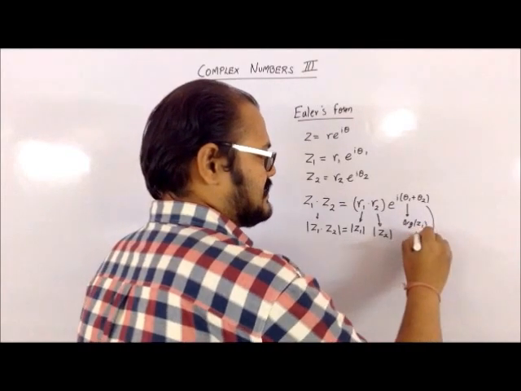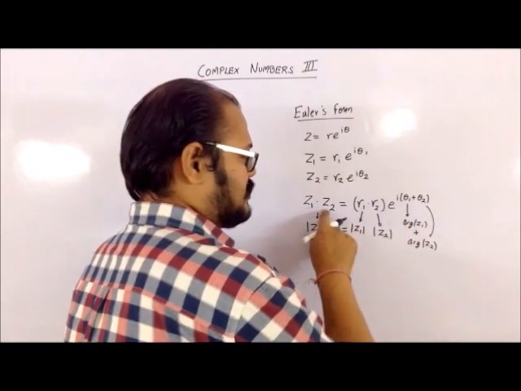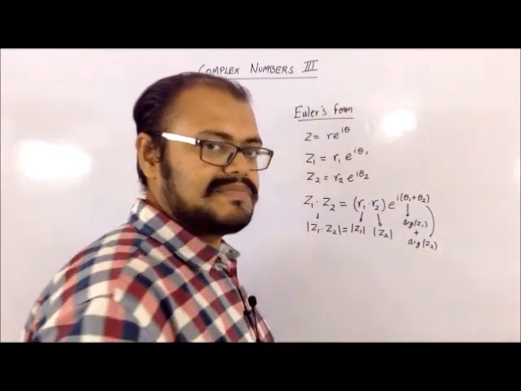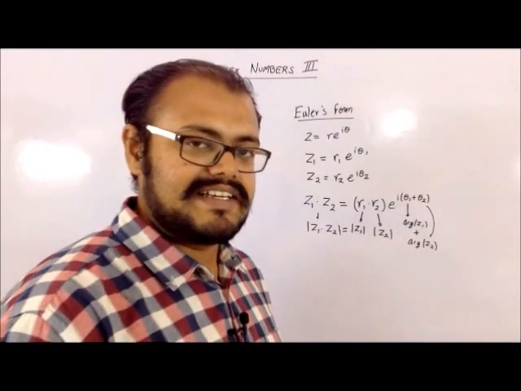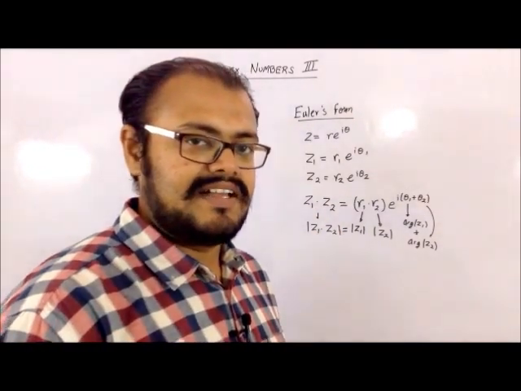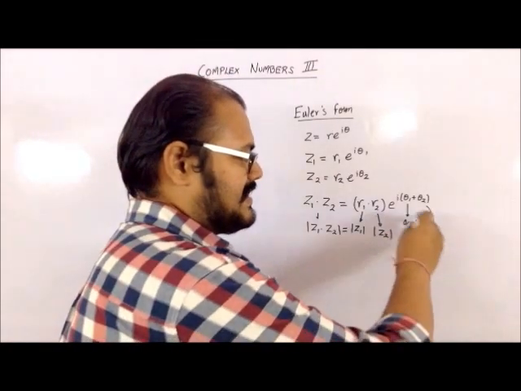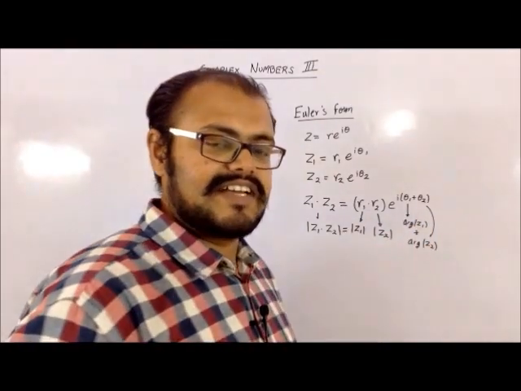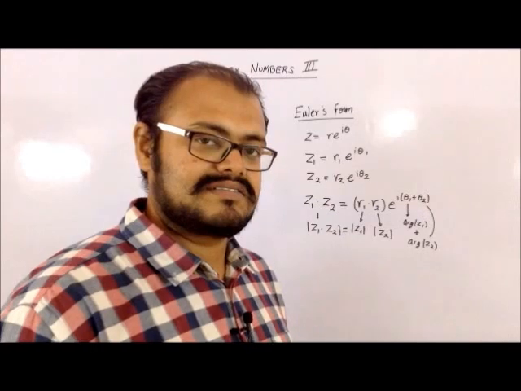So you can see there is an addition sign. So when we have a product of two complex numbers and I want to find the net argument of that, then it will be simply the addition of the arguments, which we have seen already in the properties.